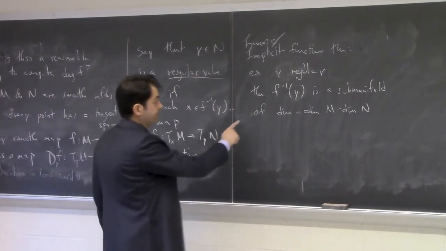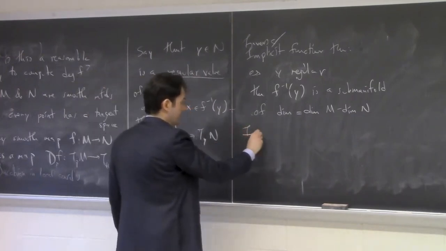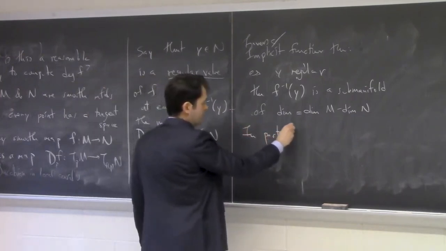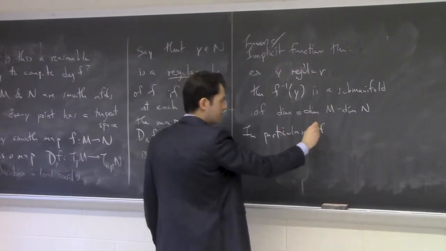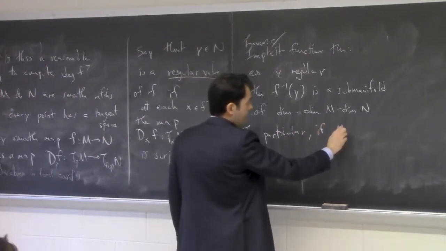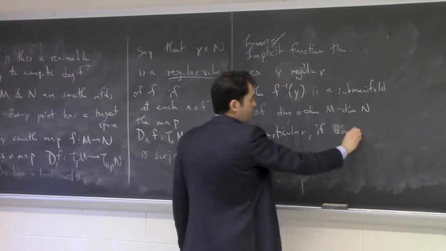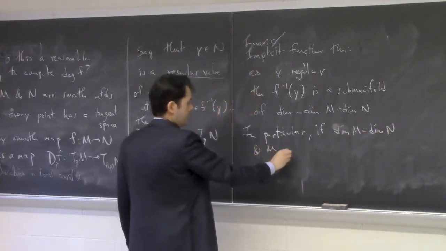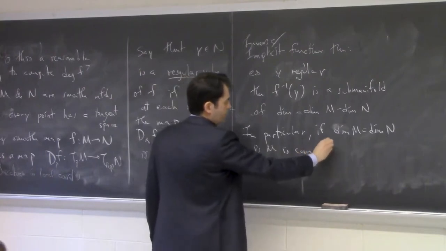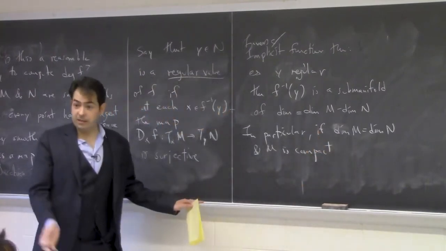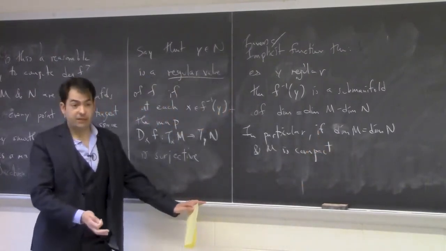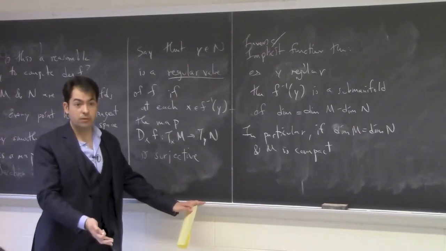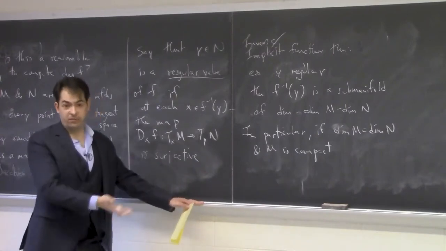And in particular, if the dimension of M is the same as the dimension of N, and M is compact, then the inverse image of a regular value is a submanifold of dimension 0. And because this is compact, it's a finite set.